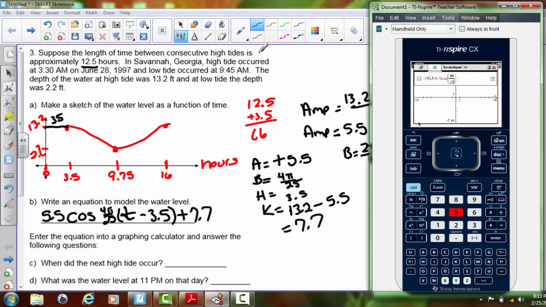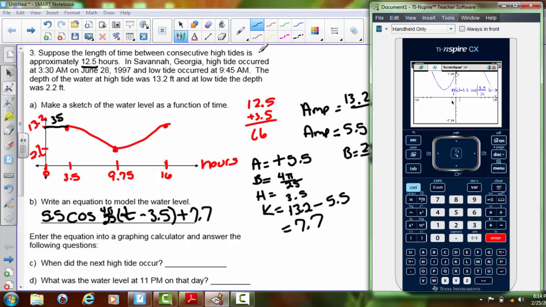First, I'm going to get out of the fraction. Then I'm going to do another set of parentheses, and in there I'm going to put x instead of t, because graphing prefers that, minus 3.5. Then I'm coming out of both sets of parentheses and doing the plus 7.7. Enter, and I have the graph.